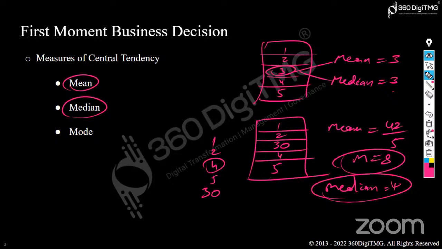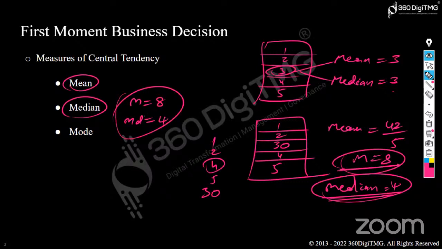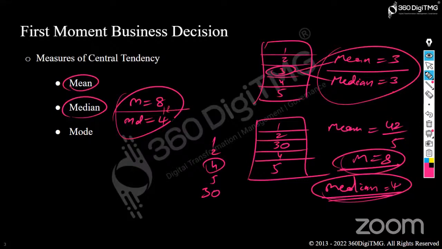Now, can you see this median and mean value? I'm sorry, I've said it the other way. So the median value is 4 and the mean value is 8. In the first case it is the same, in this it is different. You have a variation.